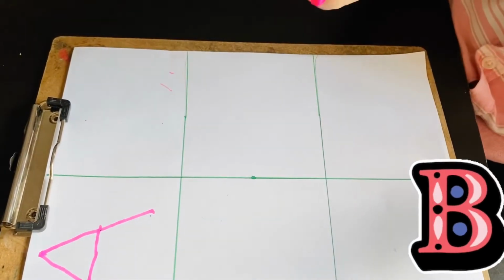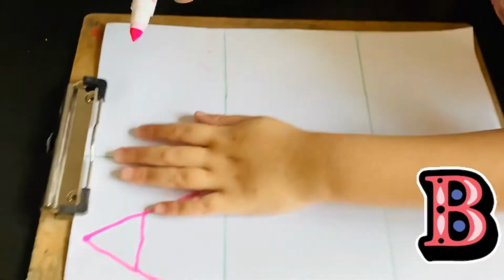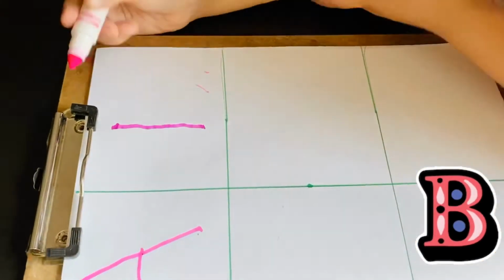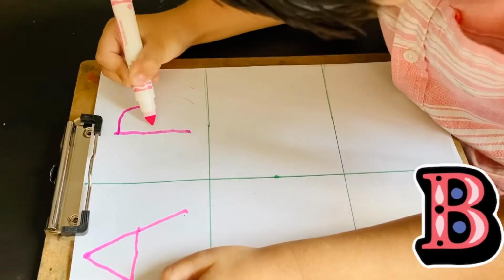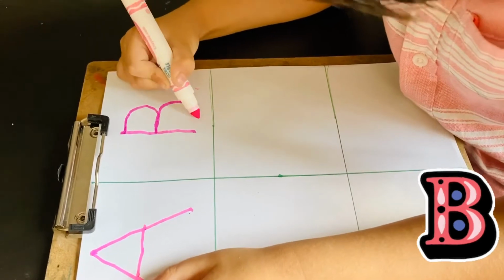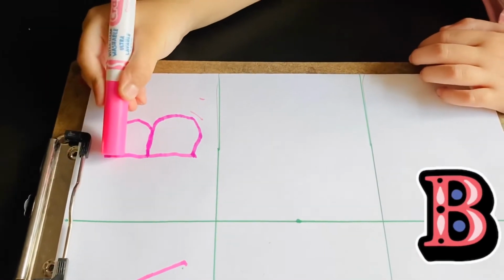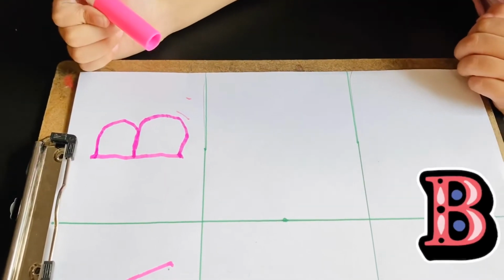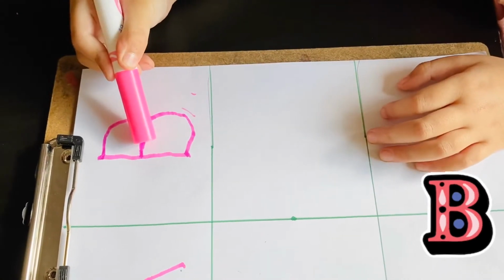Next letter, B. See, here I use 1 standing line and 2 curves.